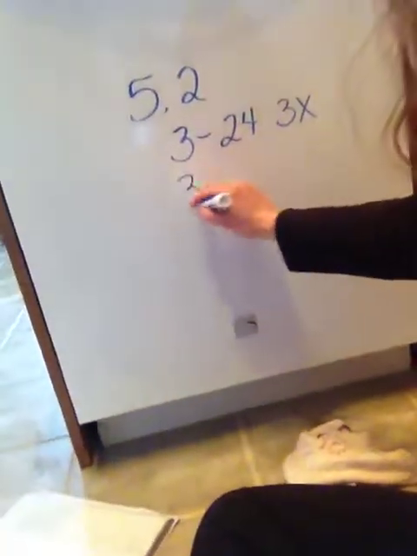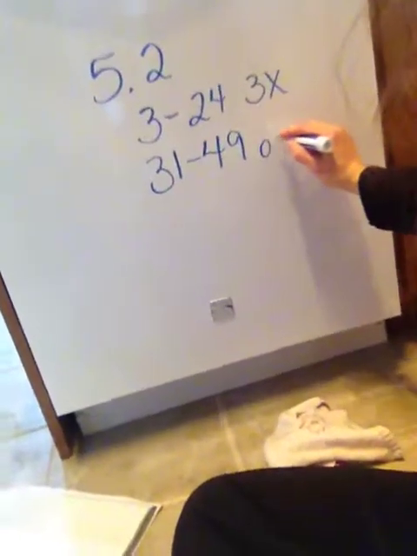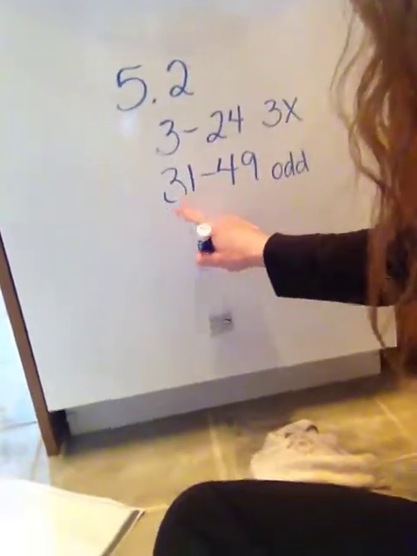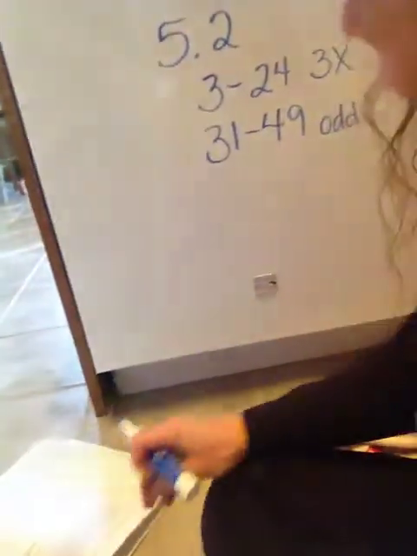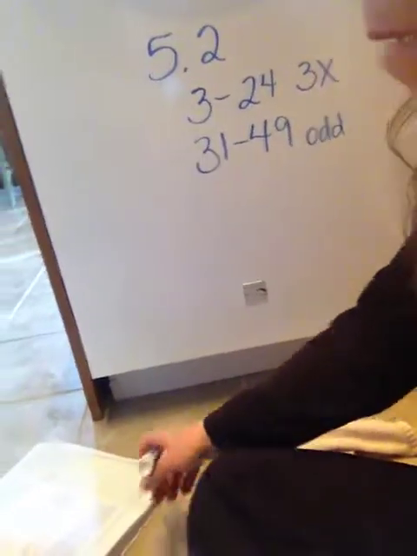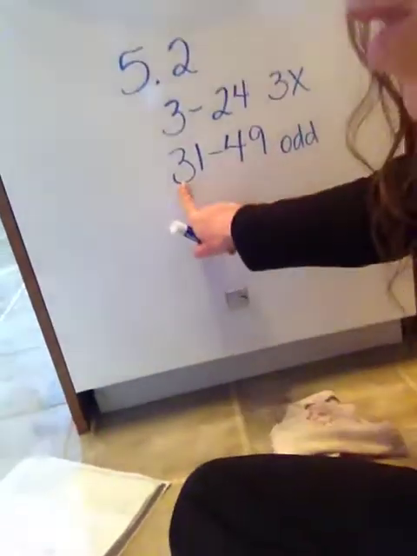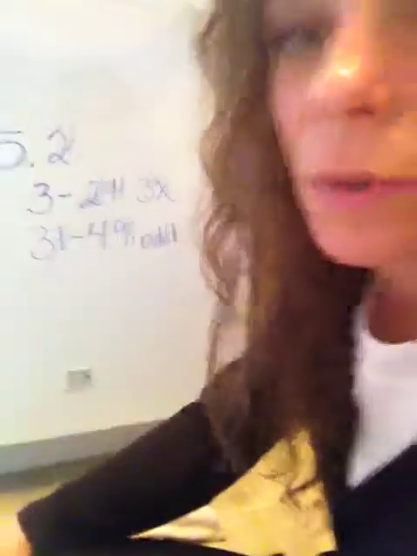And then you're going to be doing 31 through 49 odd. So all of the odd problems, odd numbers like 31, 33, 35, 37, 39, 41. I gave you more of those just because these are the problems that you're really going to be dealing with, and so you've got to really understand those really well.